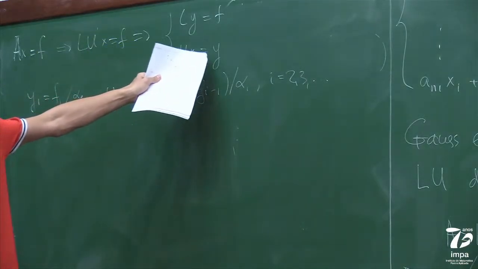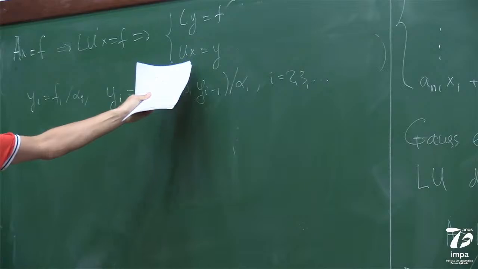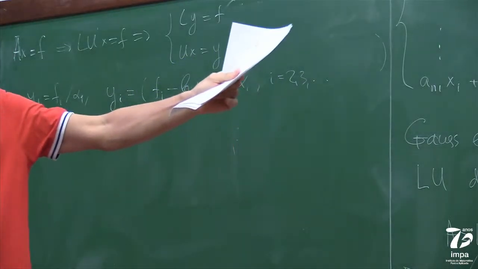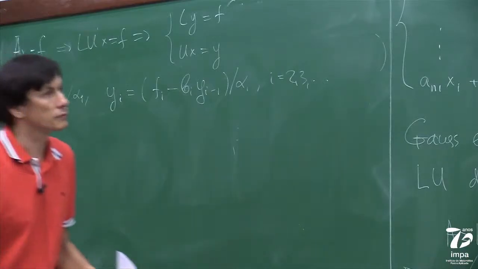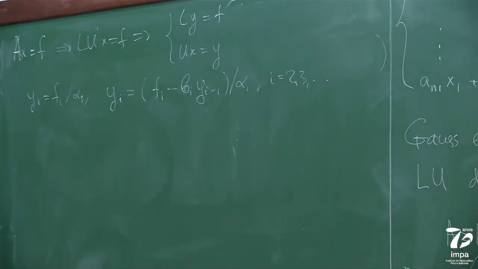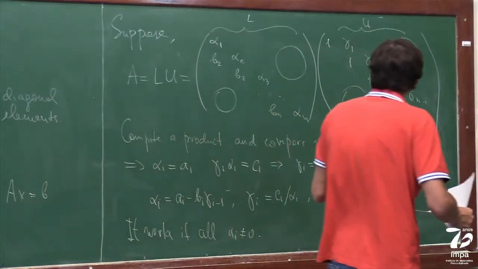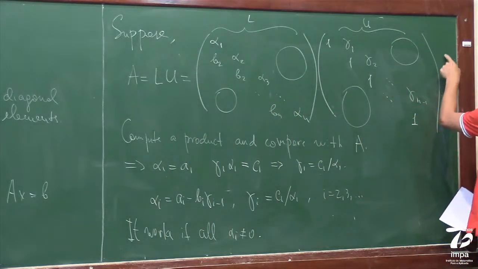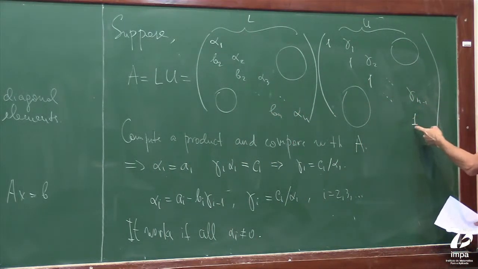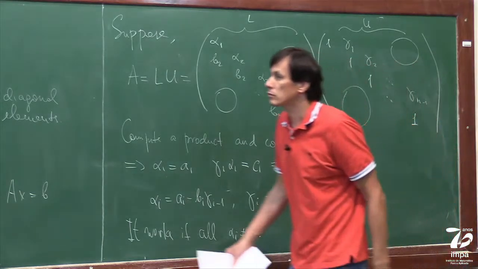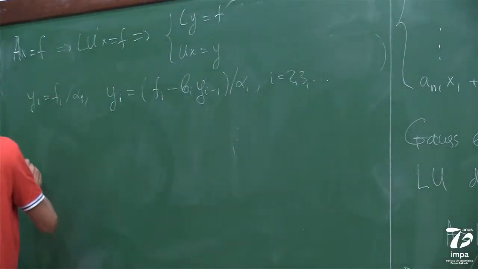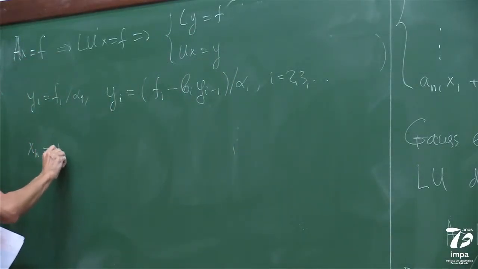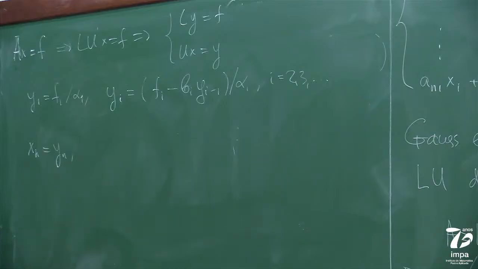And then, having the y, you put it on the right-hand side and find x by back substitution with the second matrix. But now you start with the last one. Right? So you multiply the vector by the last row, you get xn equal yn. So this is the first. And then you make back substitution, but backwards, from n minus 1, n minus 2, and so on.